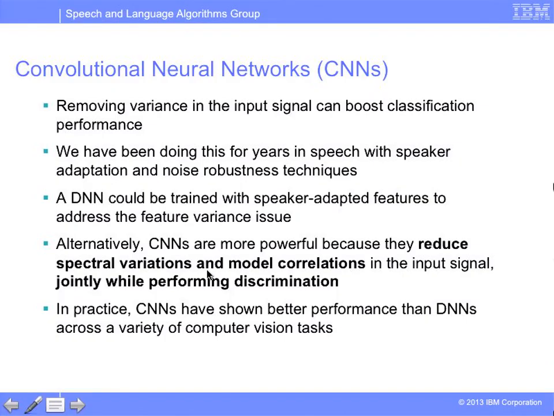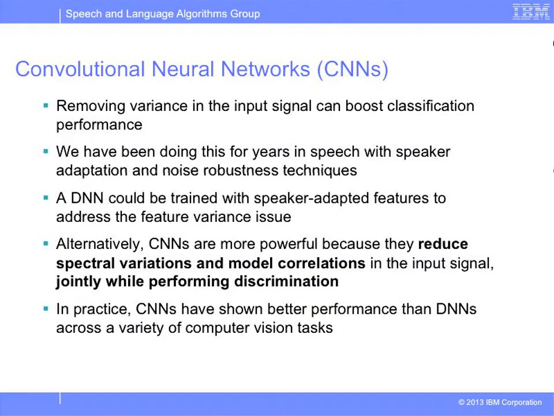So as I said before, it's very obvious that we want an input representation which is invariant to speaker characteristics, noise characteristics, whatnot. And we've been doing this for years in speech. So you could just train a DNN with these speaker-adapted, noise robust features.